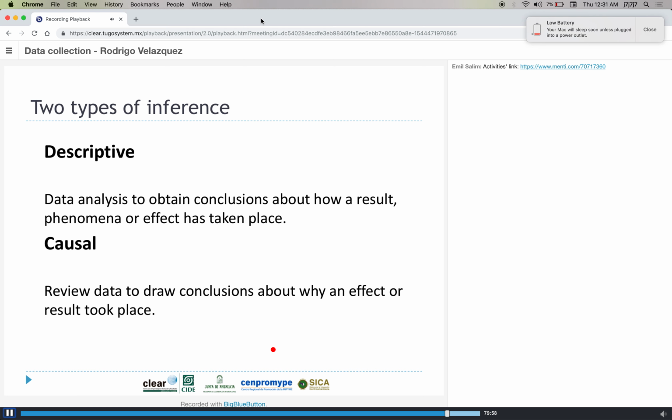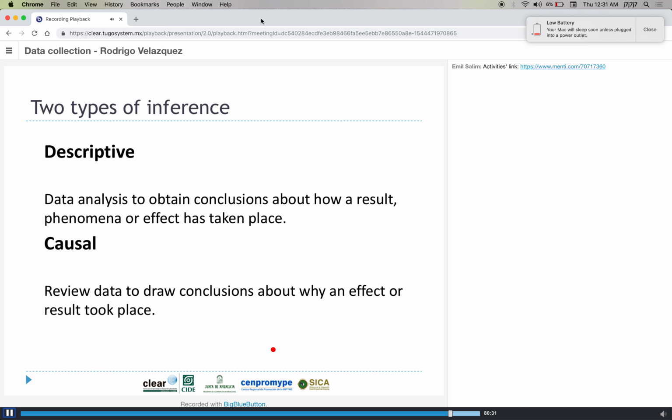In order to draw conclusions concerning a result, phenomenon, or effect, this is descriptive inference, because in this case we are collecting and analyzing data to be able to answer how this happened. And the other type of inference is causal inference.